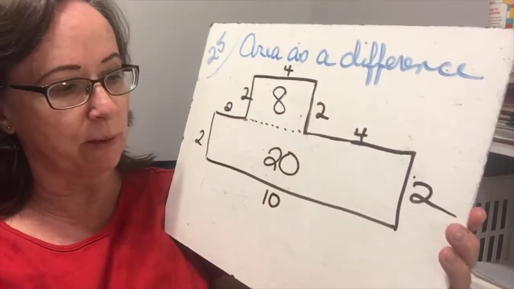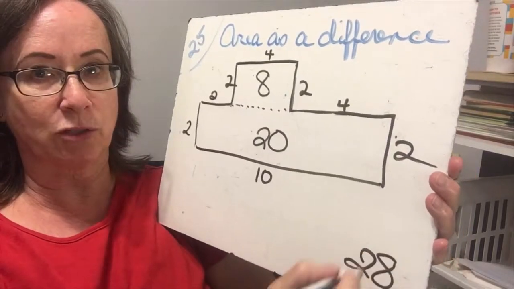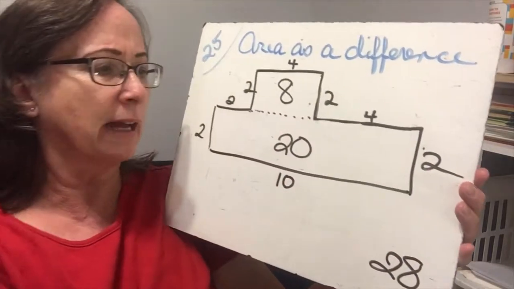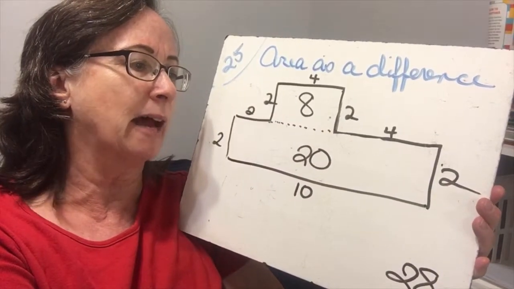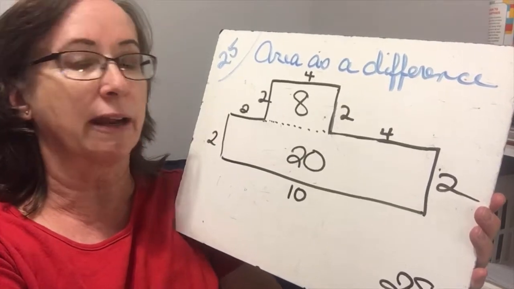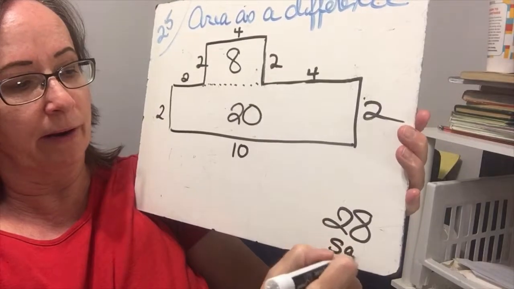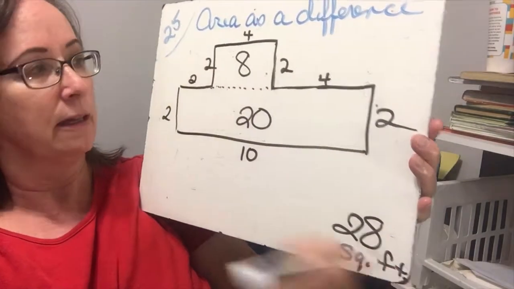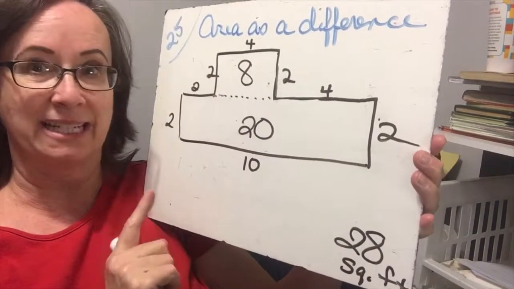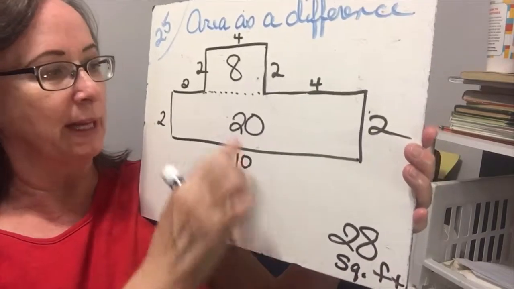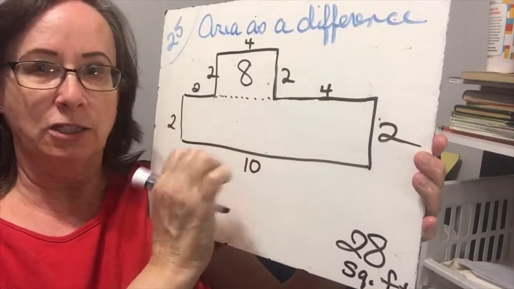And so 8 plus 20 would be an area of 28. They said the dimensions are in feet, so that would be 28 square feet. Okay, now that's doing it with addition. And that's the way we usually do it. But let's do it with subtraction just for fun.